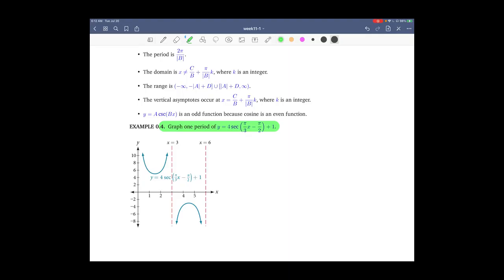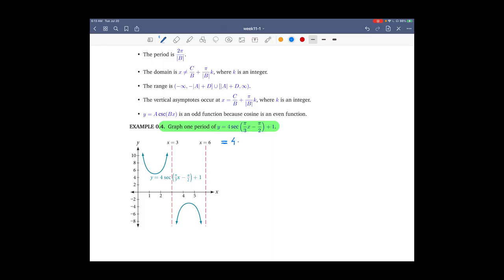And before we jump into drawing graphs, I would like to offer a small algebraic transformation which will simplify our work. We will not need to perform a horizontal shift because of this pi over 2, because we can do the following.